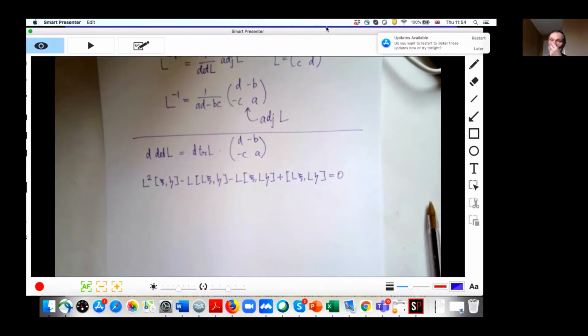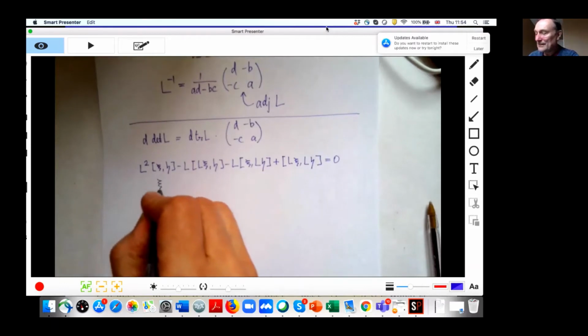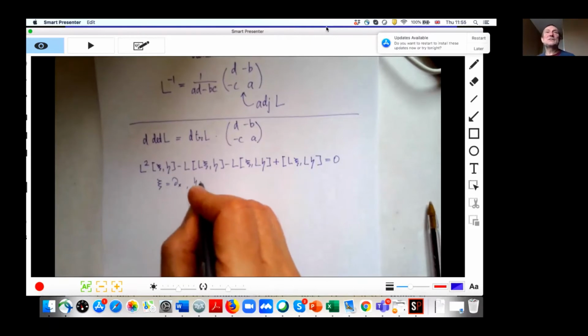So what is xi and what is eta? These are arbitrary vector fields. In dimension 2 we have two basis vector fields: xi equals d by dx, and eta equals d by dy. Should I consider anything else?